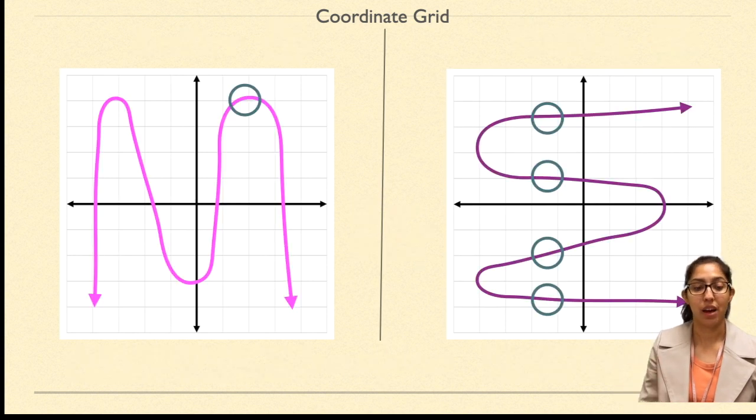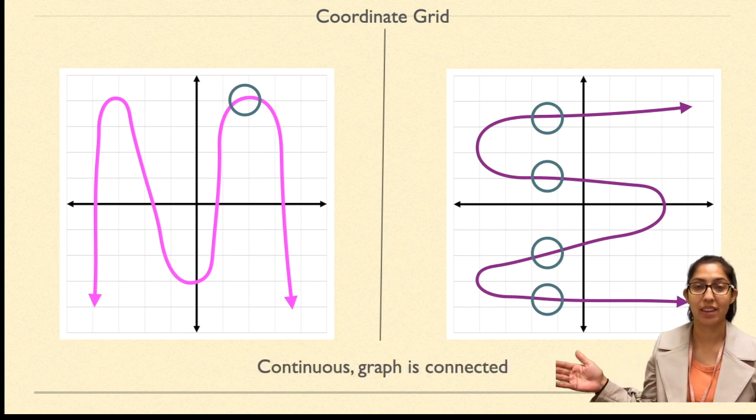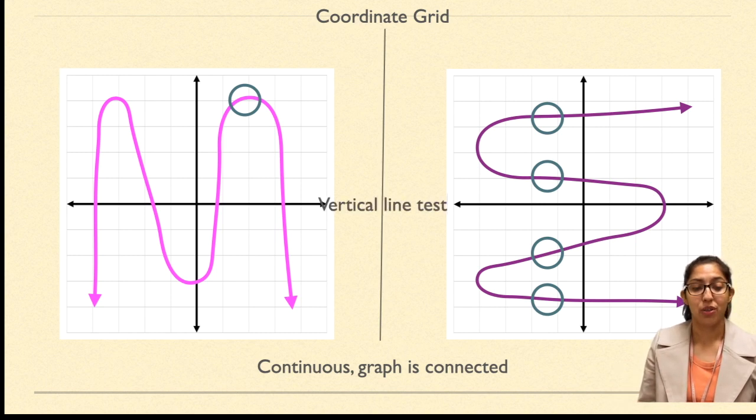So again, now we have continuous graphs. So this is where the graph is now connected instead of just points on a line. So right here, we're going to do the vertical line test also. So if we look, it doesn't matter where you put this vertical line. So you can move it anywhere. However, everywhere that I move it on that graph, it only touches once.